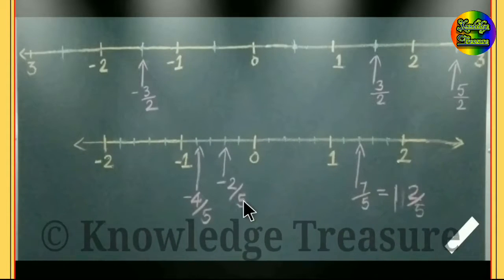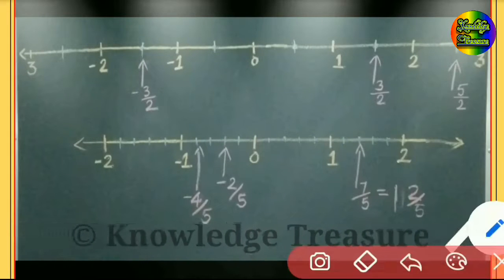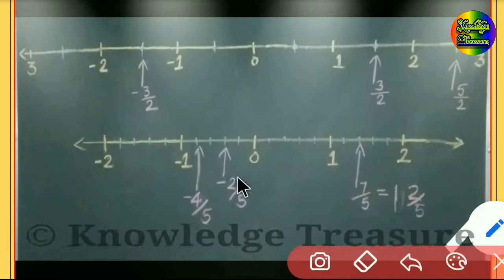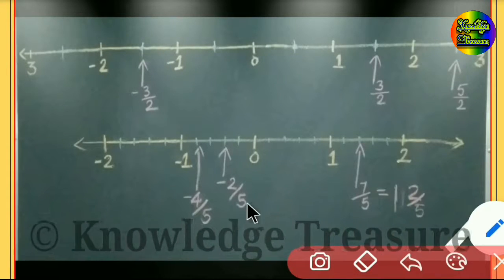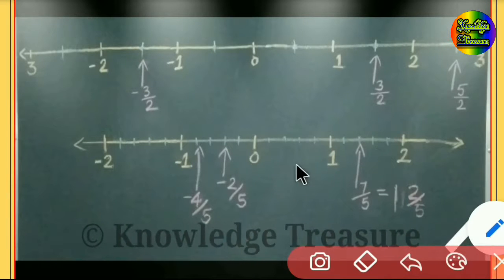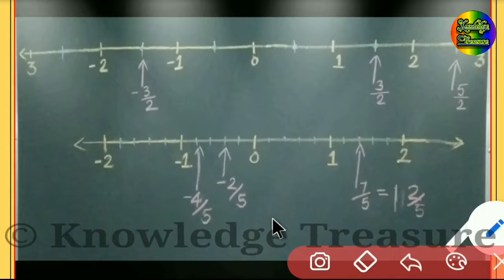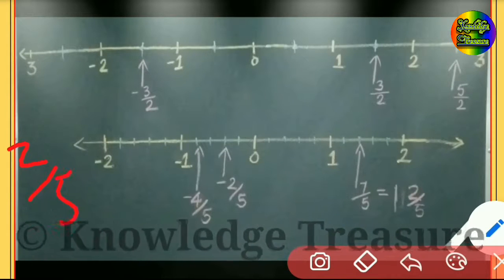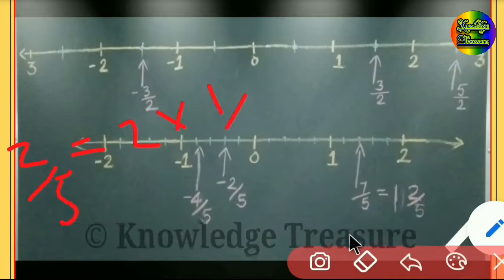Which one? Minus 2 upon 5. First of all, how can you write minus 2 upon 5? First of all, we have to show the positive number, positive 2 upon 5. 2 upon 5 is equal to 2 into 1 upon 5.